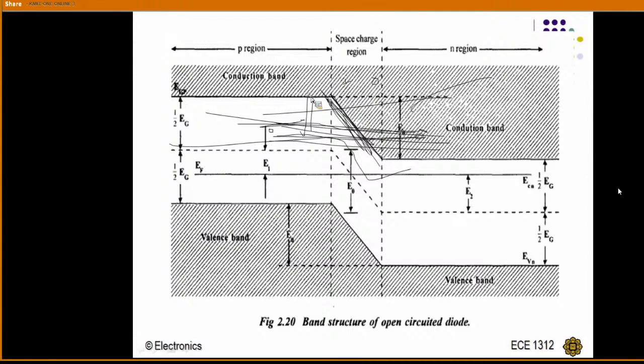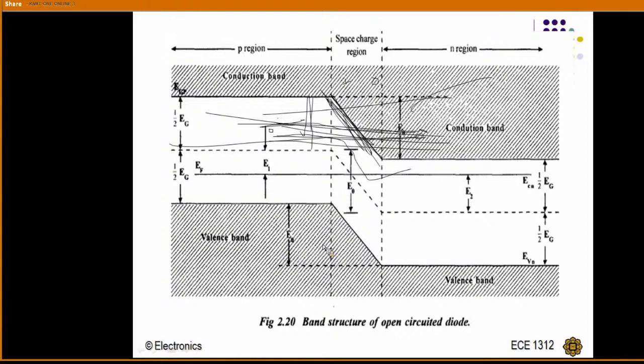If you reduce this barrier height, then they can move freely. This is the case where I am not applying any supply.